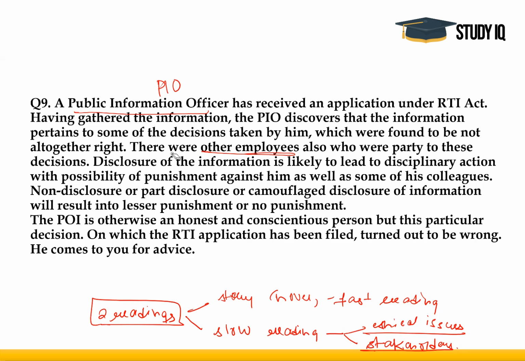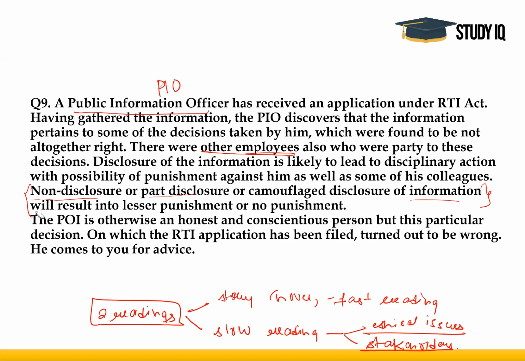Disclosure of information is likely to lead to disciplinary action with the possibility of punishment against him as well as some of his colleagues. Non-disclosure or part disclosure or camouflaged disclosure of information will result in lesser punishment or no punishment. So this is the dilemma which the employee is facing.